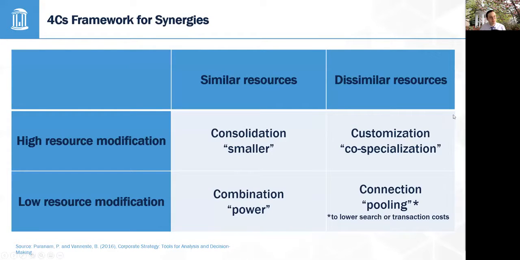On the dissimilar resources side, we have the customization synergies. That's with the high modification. That is modifying things to be co-specialized or work better together. That could be horizontal. Maybe you're modifying complementary products to work better together. It could be vertical.